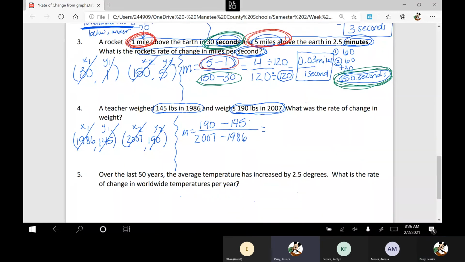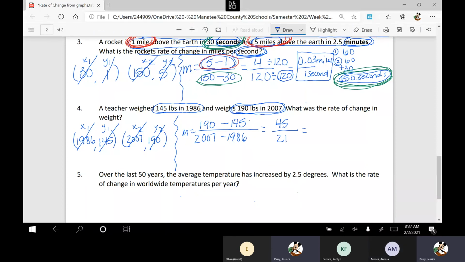Okay. So up top, what is 190 minus 145? You tell me, what is 190 minus 145? 45. Perfect. We get 45 all over. And then what is 2007 minus 1986? 21.